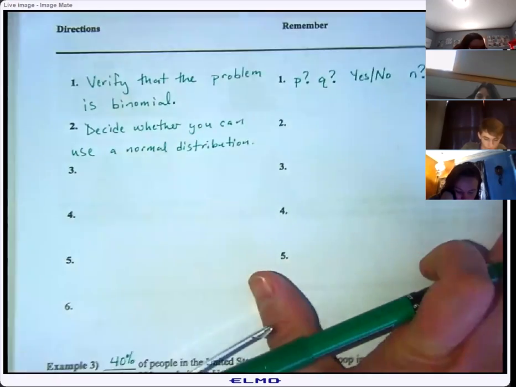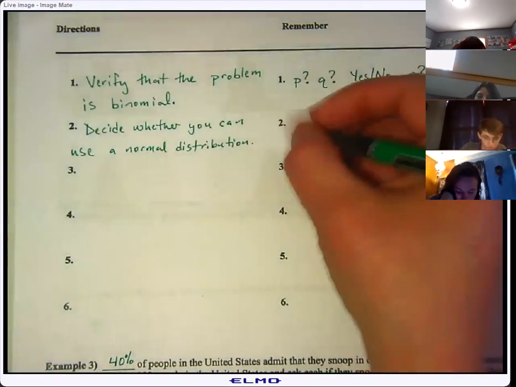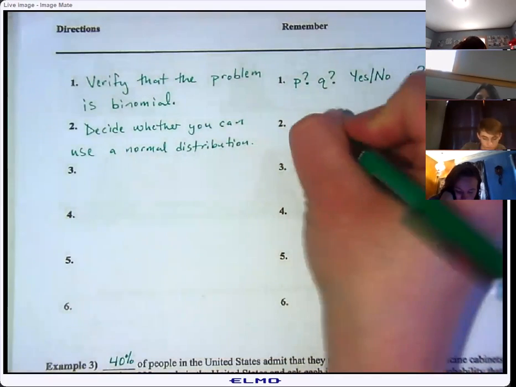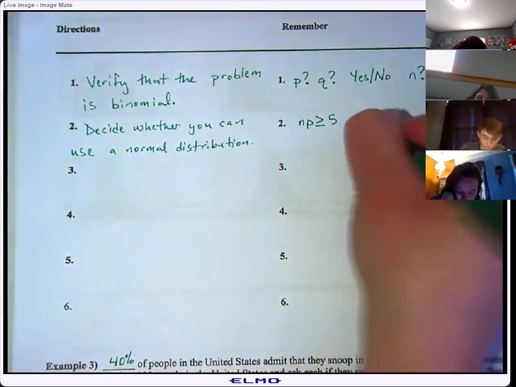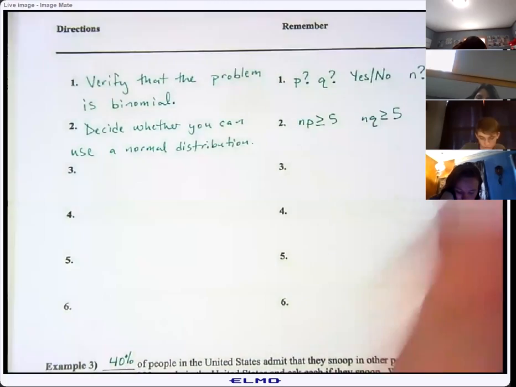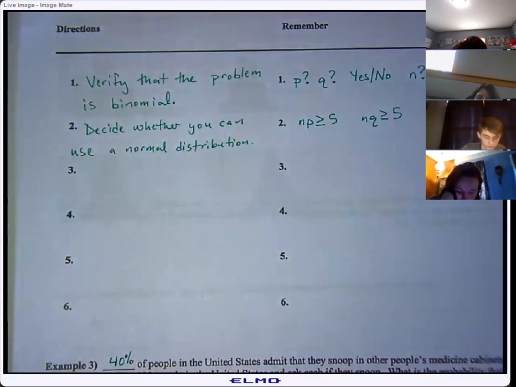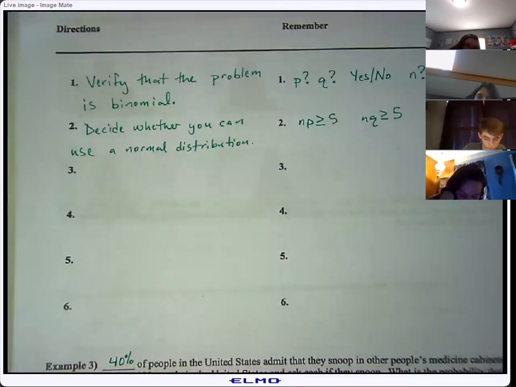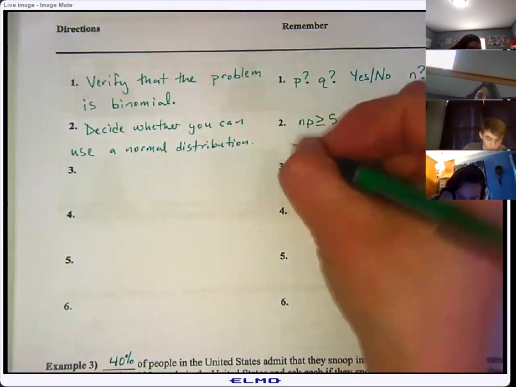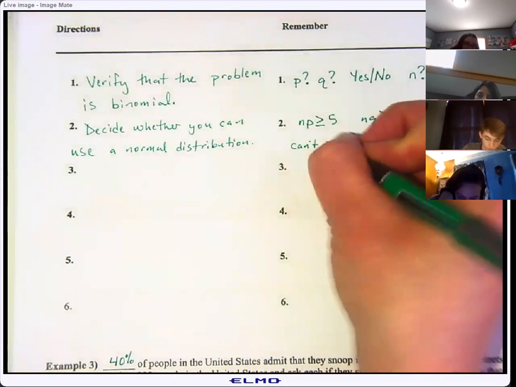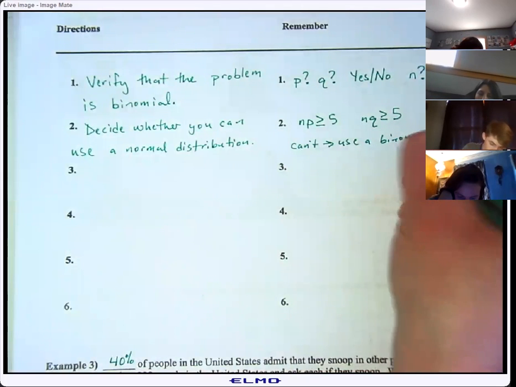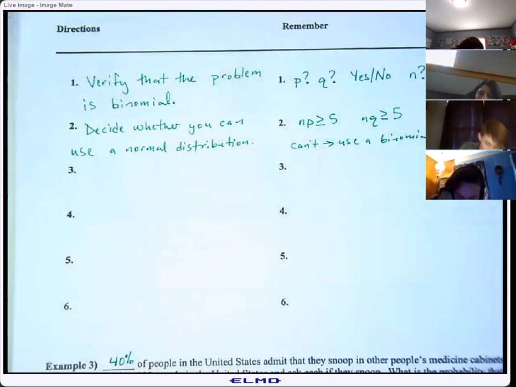When you're deciding that, you're checking that NP is greater than or equal to 5 and NQ is greater than or equal to 5. If you can't, then you just use a binomial. So I'm just going to write, can't, use a binomial. Also, by the way, you don't really have to check both of them.